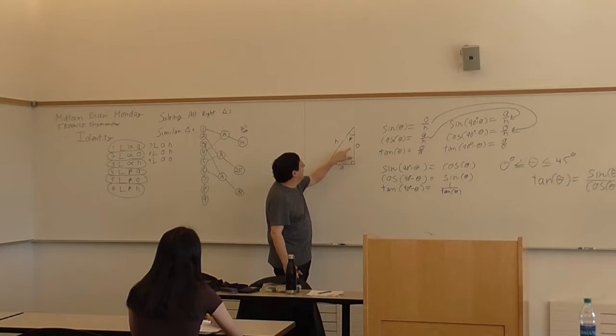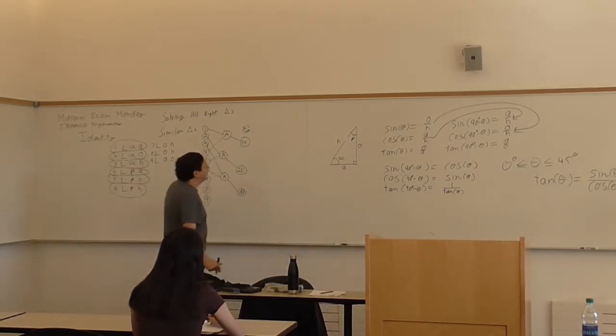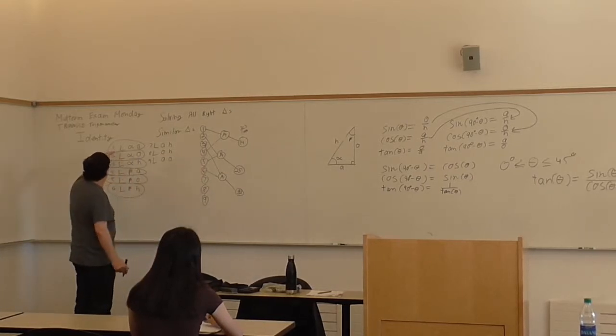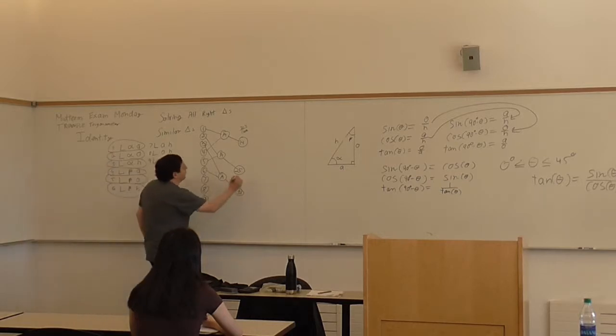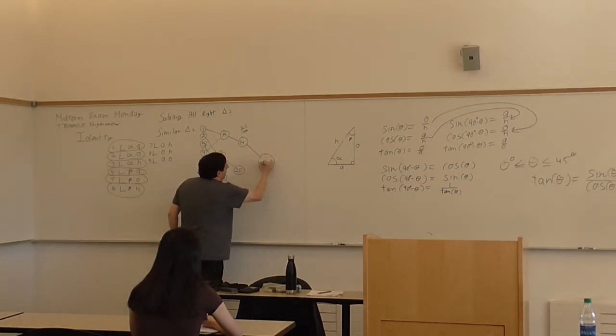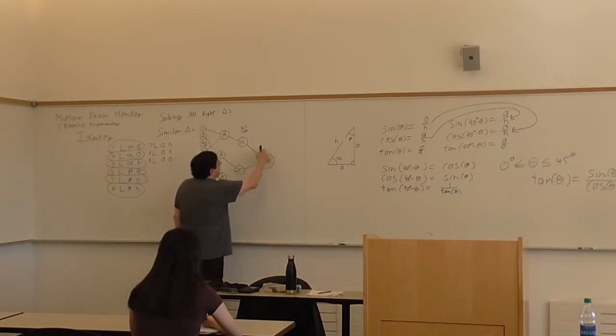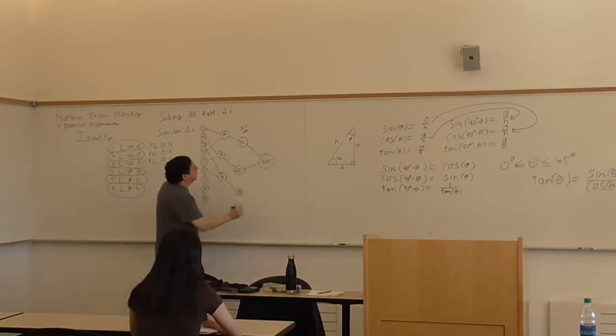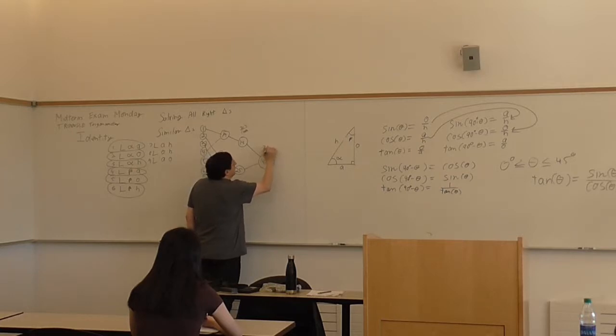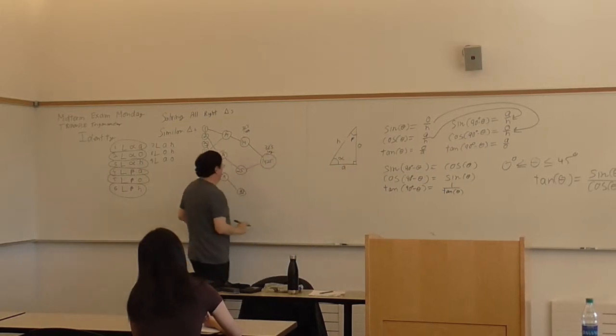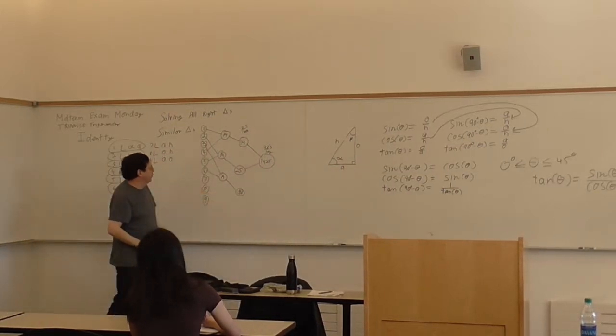In one case, it's opposite alpha, and A here is really opposite beta. So really, 1, 4 and 2, 5 are the same, right? Here we know again, three angles and a leg, because these are legs. Here we know 3 angles and a hypotenuse.